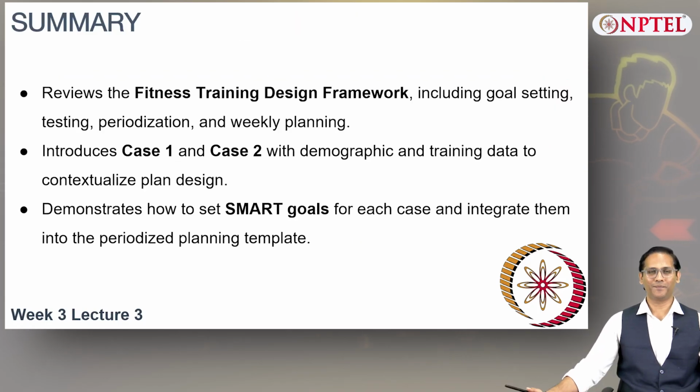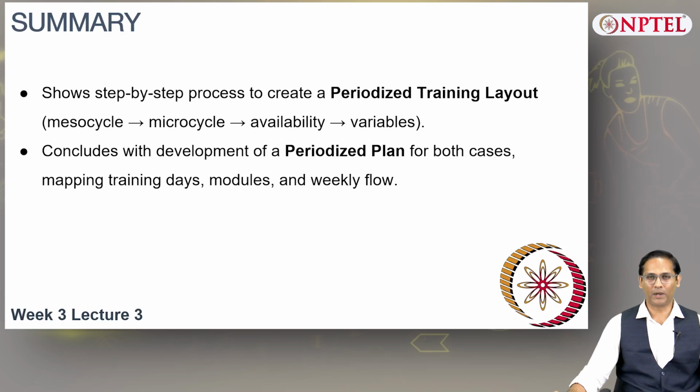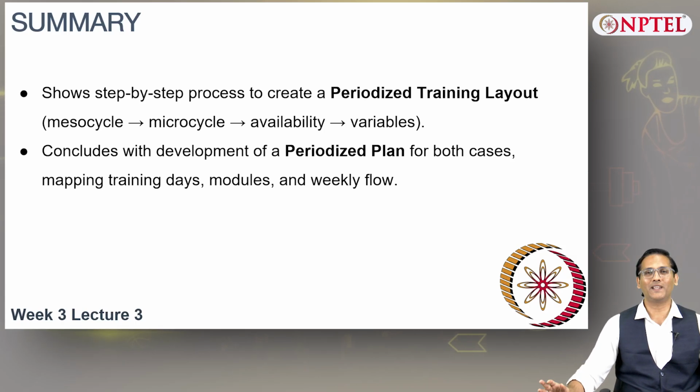So in summary, we reviewed the fitness training design framework, which has 5 different parts. It includes goal setting, it includes periodization, and it includes weekly planning. We concluded the program design for case 1 by developing a periodized plan for each mesocycle.